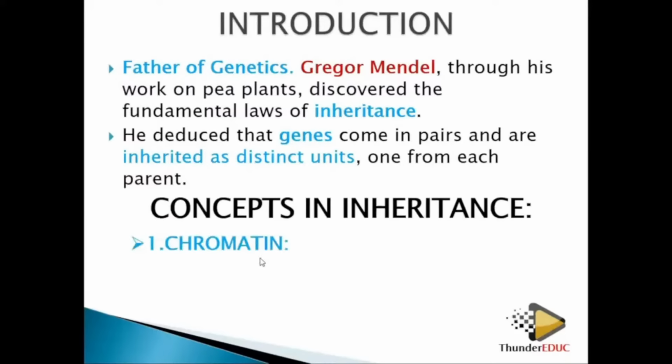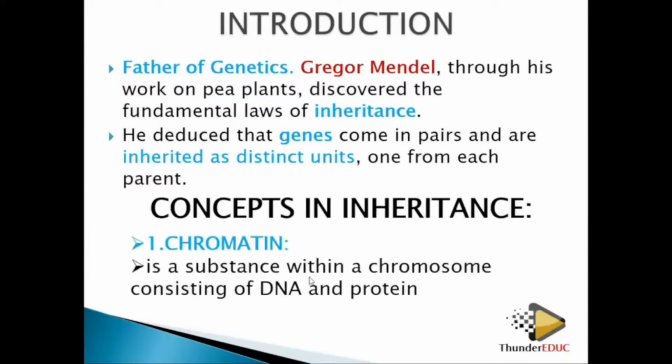So chromatin. When you talk about chromatin, it's a substance within a chromosome containing DNA and a protein. Basically, chromatin is DNA. But in this case, this DNA is like threads. Yes, it is in coiled form. When it coils, it forms what you call a chromatin.